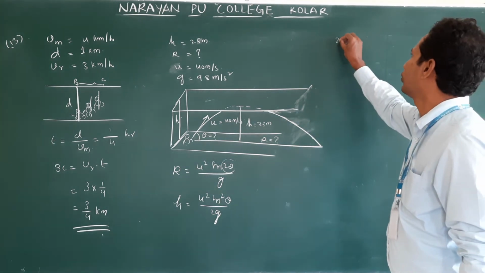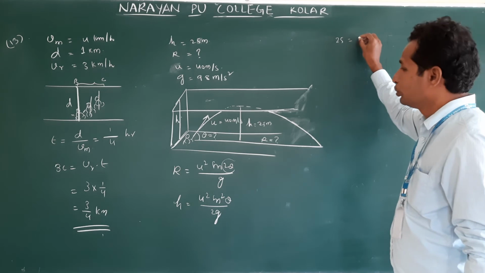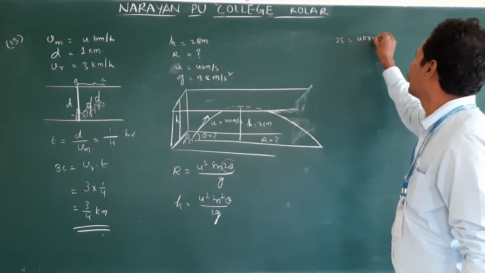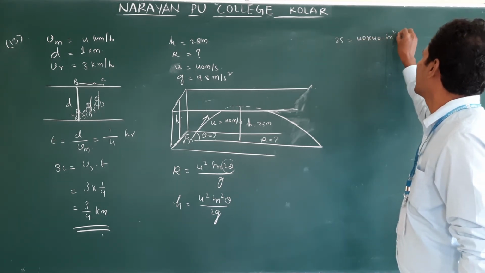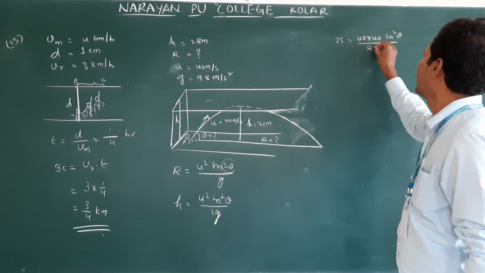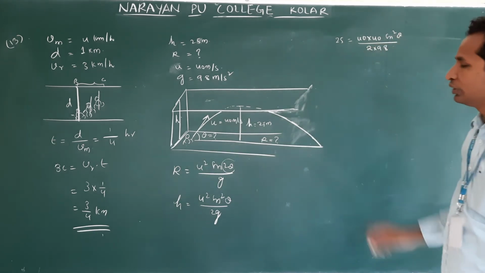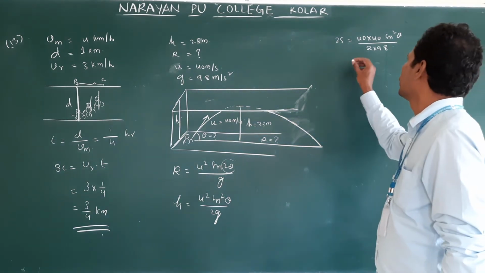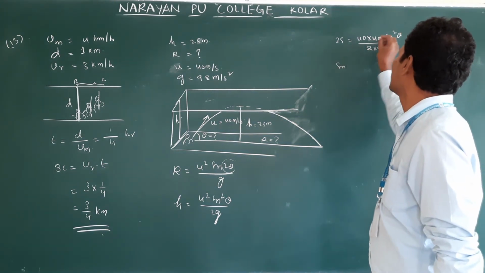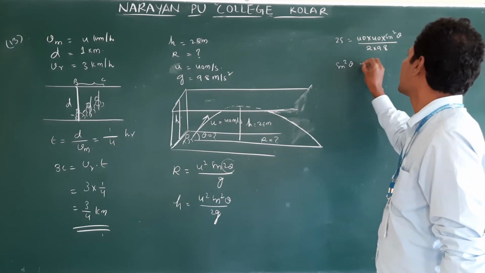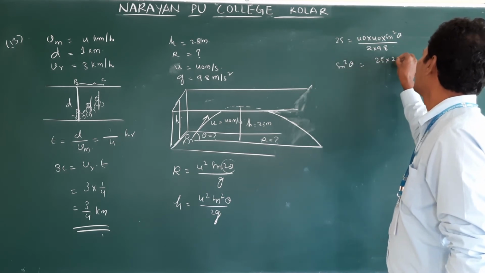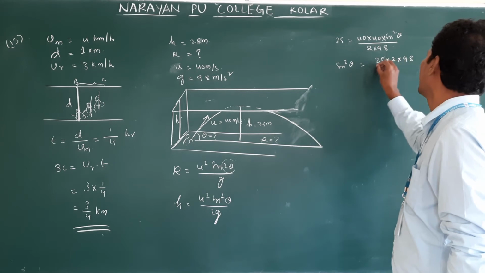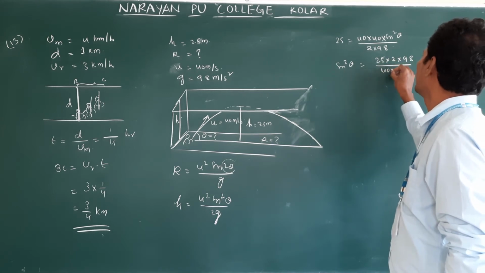25 meters. 25 is equal to u squared, 40 into 40, sin square theta by 2 into 9.8. Clear? So this we will write like this: sin square theta is equal to 25 into 2 into 9.8 by 40 into 40.